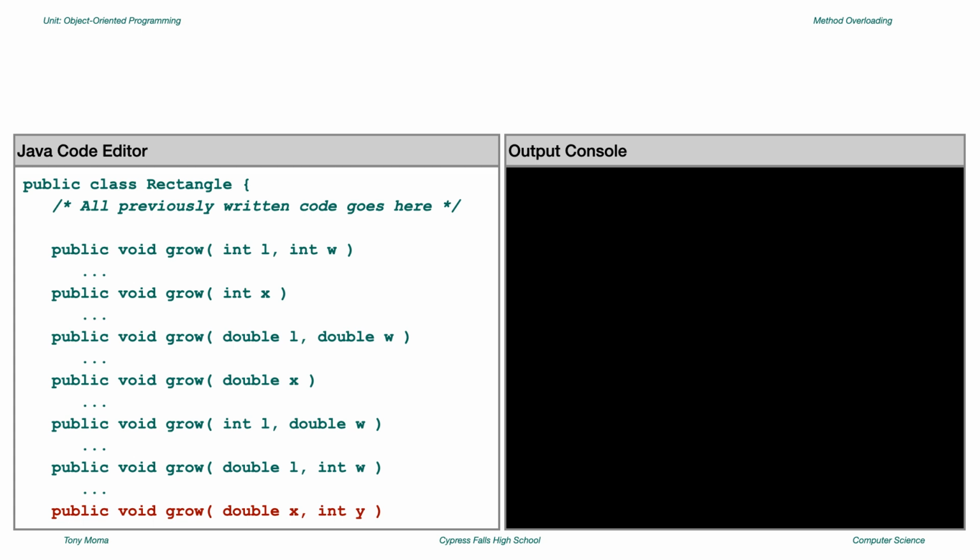Simply changing the parameter names doesn't allow the compiler to be able to differentiate. Hence why, to overload a method, you either have to use a different number of parameters, use different parameter types, or change the order of the parameter types. Simply changing the names in the context of method overloading is meaningless.